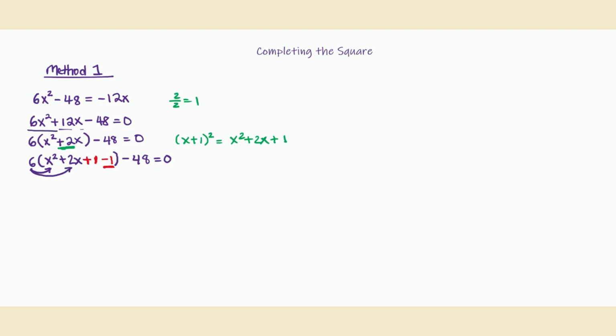So you still have your original equation working. In this case, we are adding in not just 1, but 6 times 1 as well, which is 6. So if you keep in mind that we added in 6, then what we're subtracting in this example is also 6.